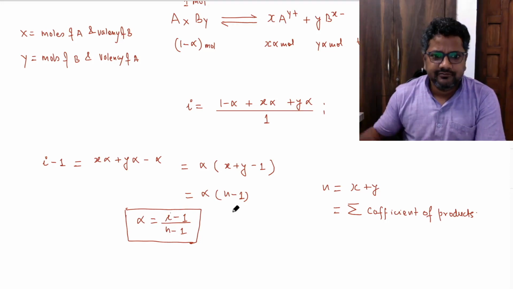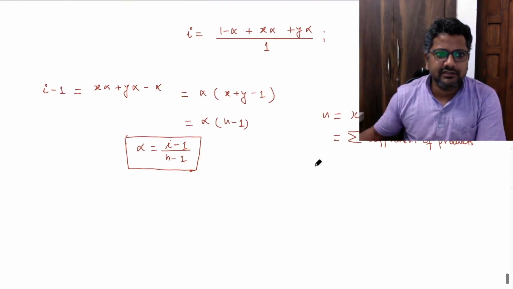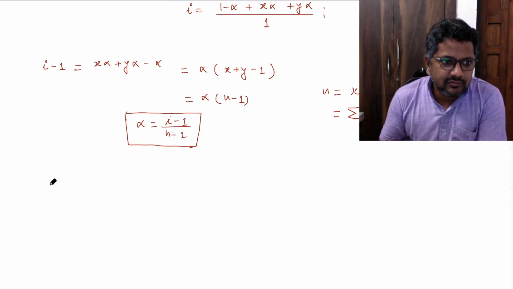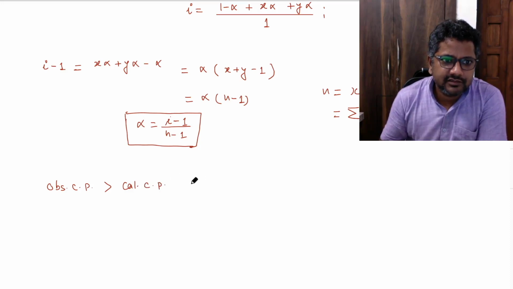So what other meanings are here? For a dissociation reaction, the observed colligative property is always greater than the theoretical or calculated colligative property, right?